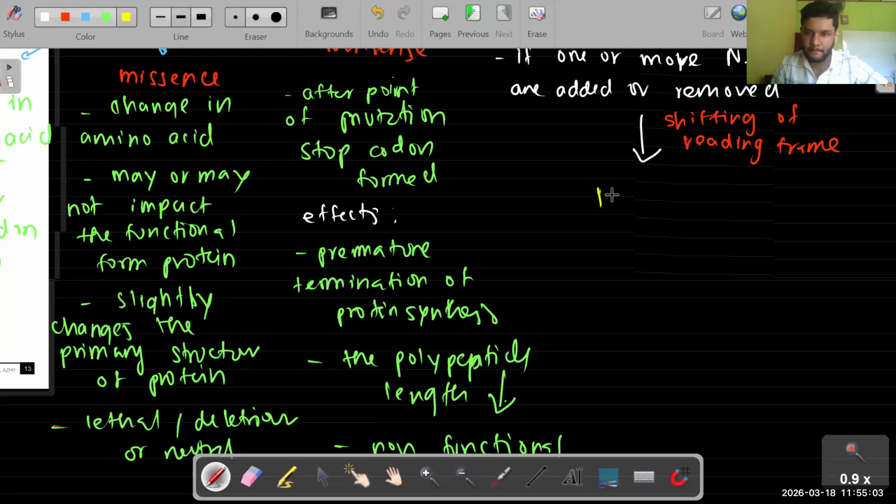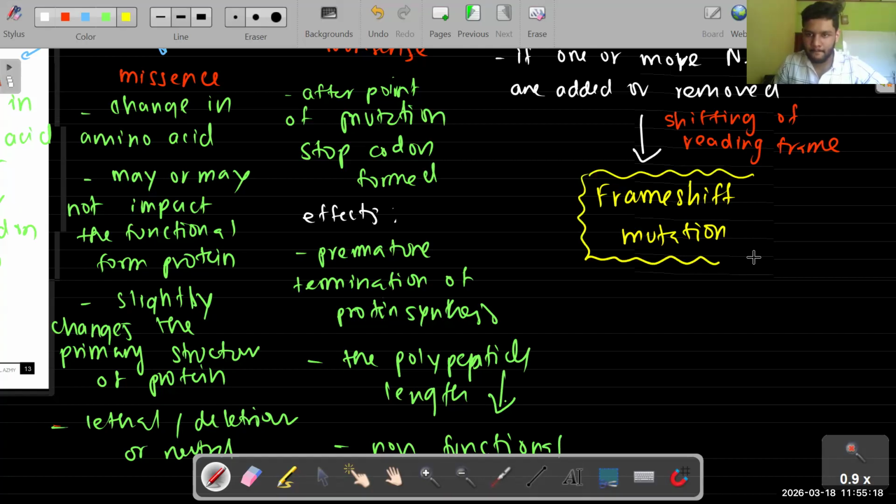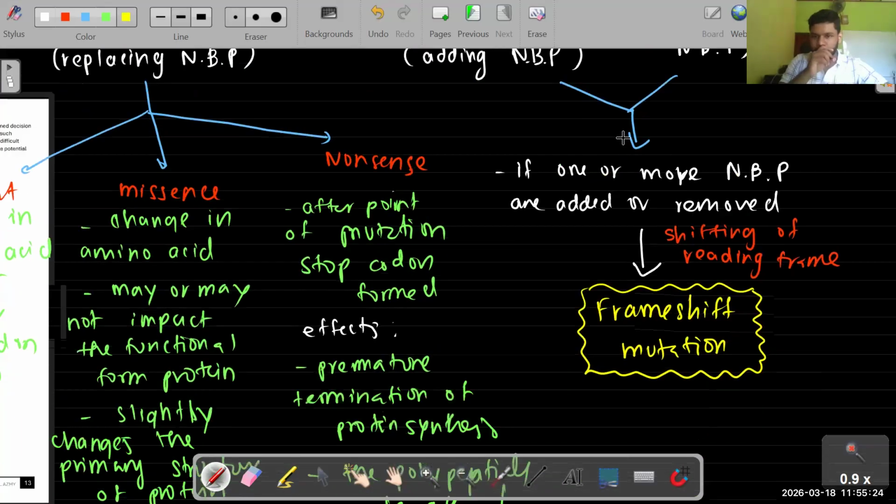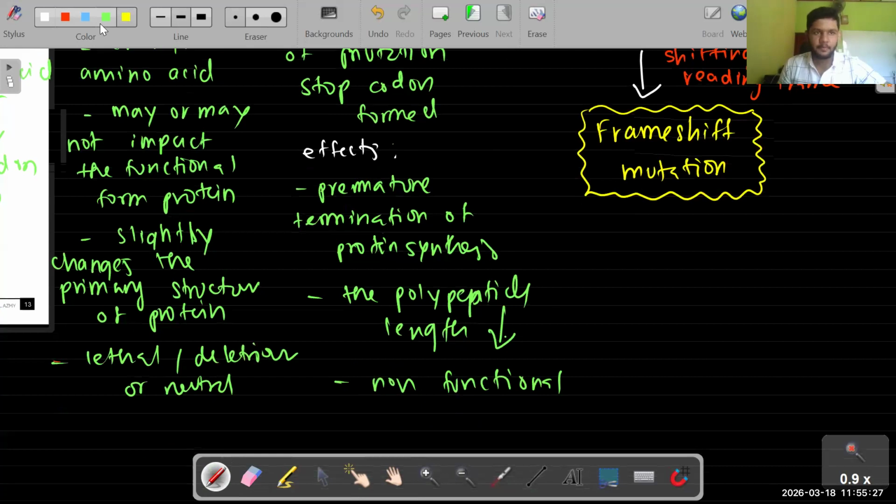Frame shift mutation, right? Frame shift mutation. But there is another problem also.